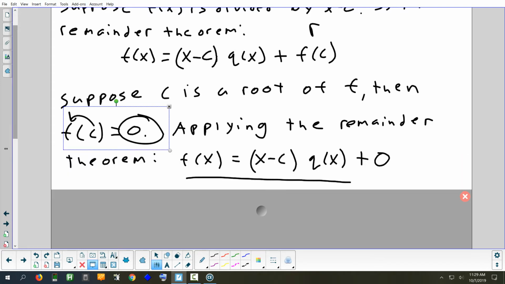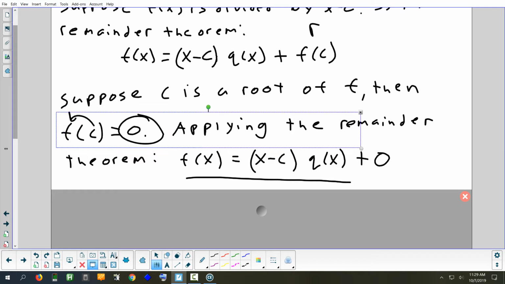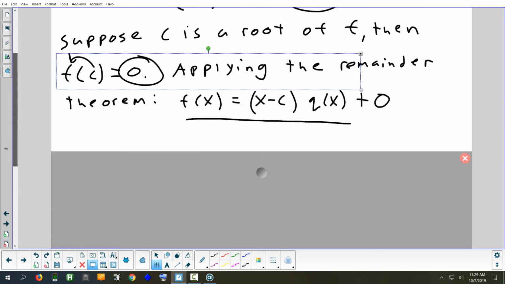So, according to the remainder theorem, if f of c equals 0, this part right here basically drops off. You don't have it anymore. If the number c is a root, the remainder would come out to be 0. Any question on that? All right.